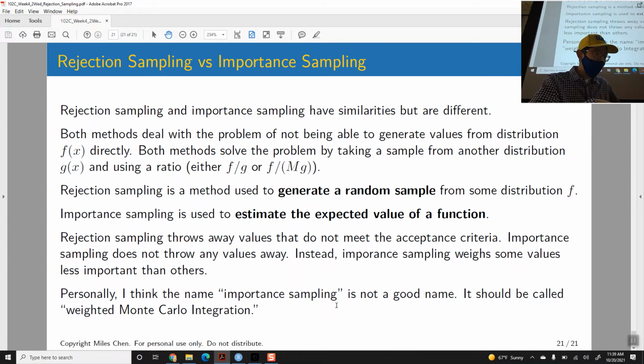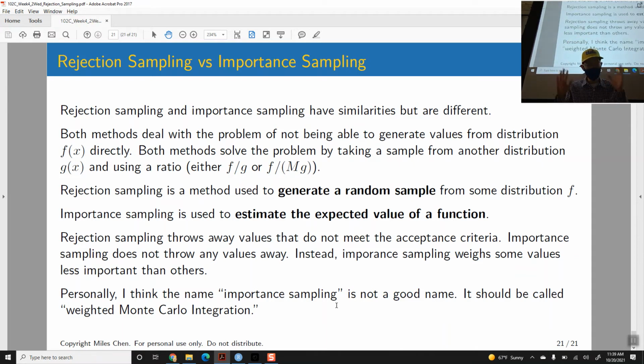Rejection sampling looks and feels a lot like importance sampling. In both of these cases, we're generating values from some other distribution to get an answer for a distribution that we're not able to work with directly. They are similar, but they are different, and unfortunately, the names may just make it even more confusing, okay?